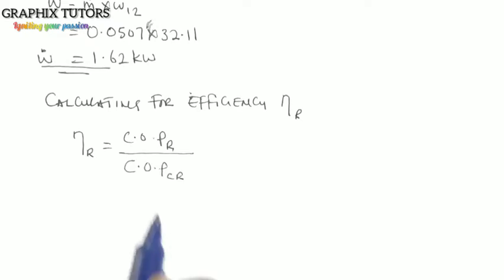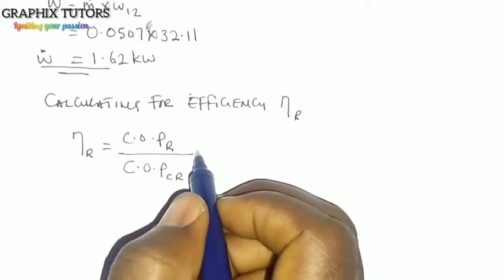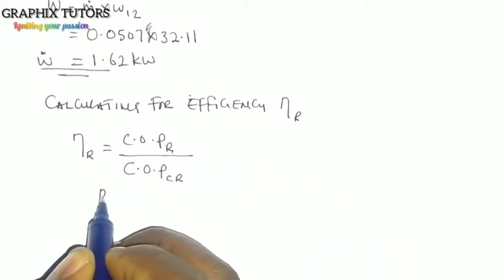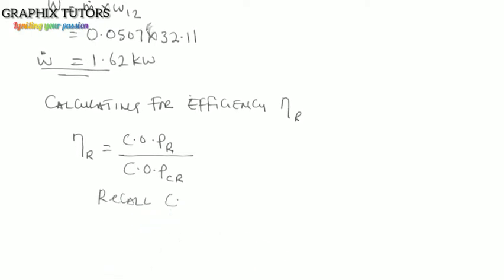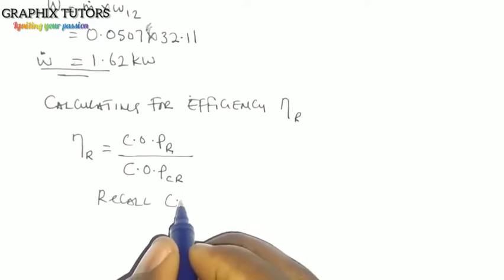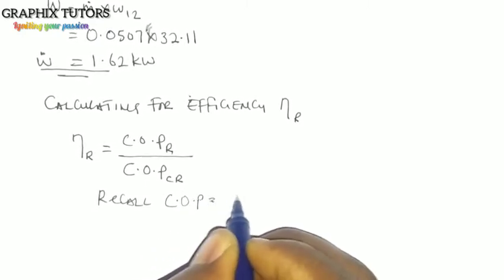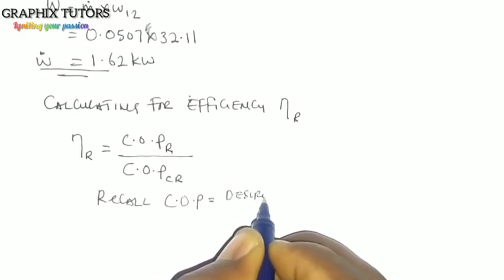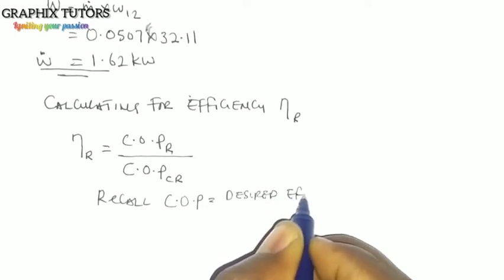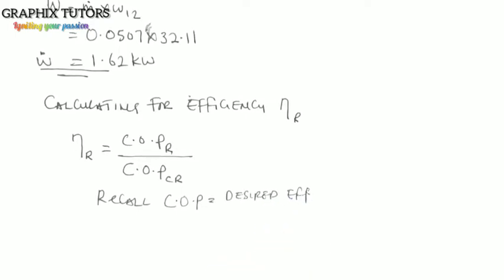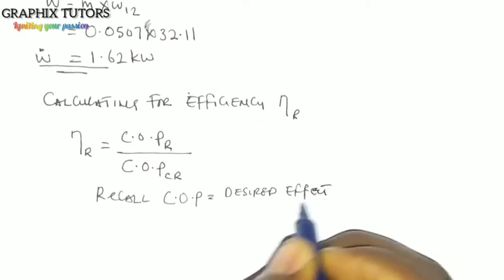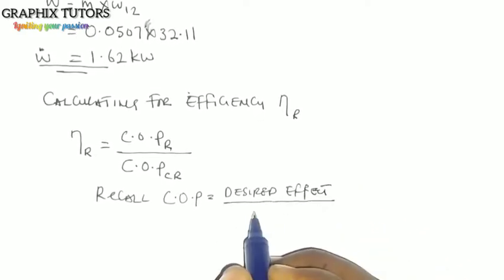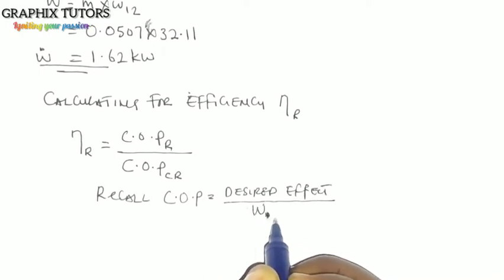So from here, for the C.O.P of the refrigerator, recall that C.O.P equals the desired effect, the refrigerating effect, all over the work net, which is W12.